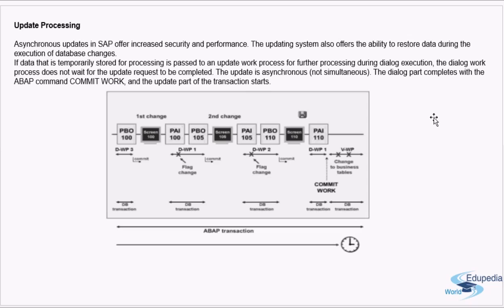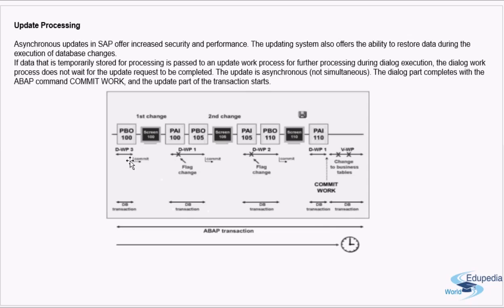Once the dialog work process completes its processing and encounters the ABAP command COMMIT WORK, it will hand over that update processing to the update work process, and the update work process goes and makes changes to the database tables.